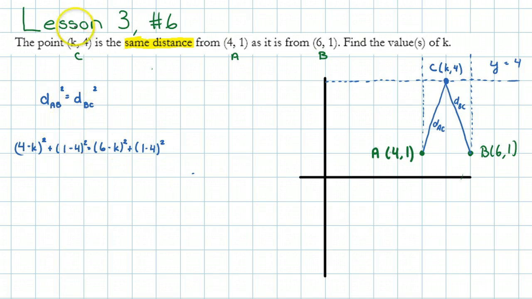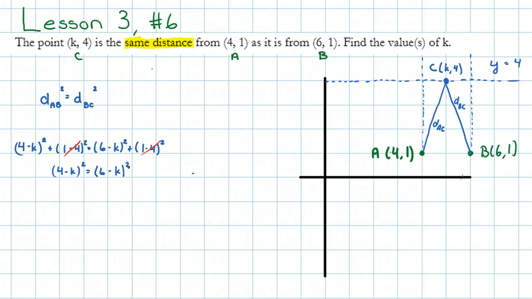If we simplify this, 1 minus 4 is negative 3, and negative 3 squared is 9, so really nicely those cancel out. So I end up with (4 minus k) squared is equal to (6 minus k) squared.